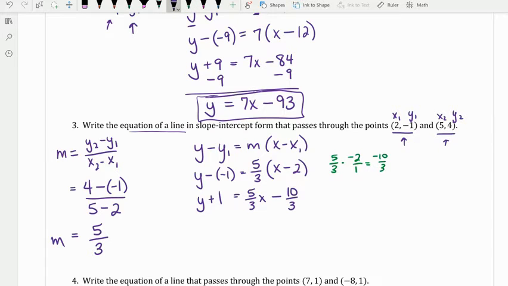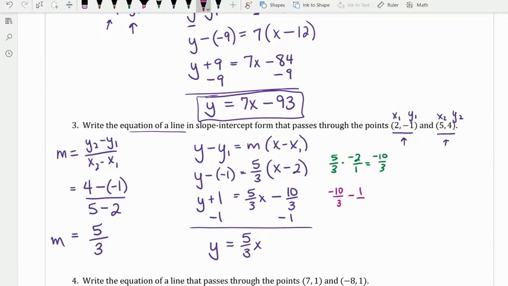Right? Then, to get y by itself again, I'm going to subtract 1 on both sides. And here's where we ran into a little bit of trouble with the fractions. Be careful. Over here, that just leaves y equals. You get your 5/3 x. And now again, write this off to the side if you need to kind of do it separately. So I'm doing -10/3 minus 1, right?